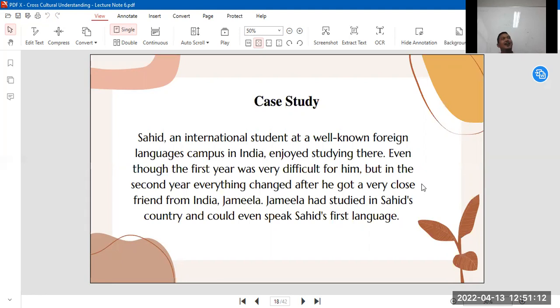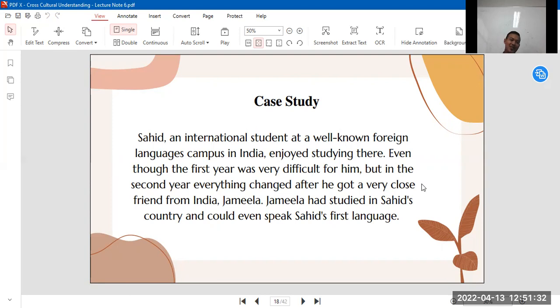And the thing that Jamila shows to Sahid is that Jamila had studied in Sahid's country, and even she can speak Sahid's first language.